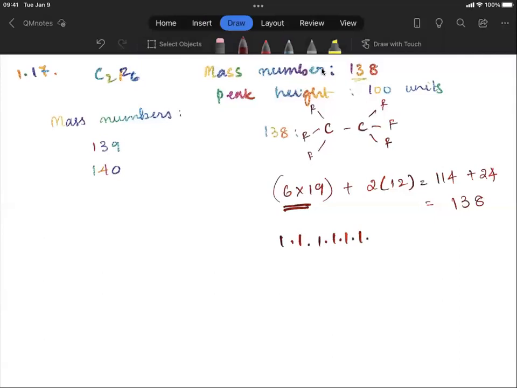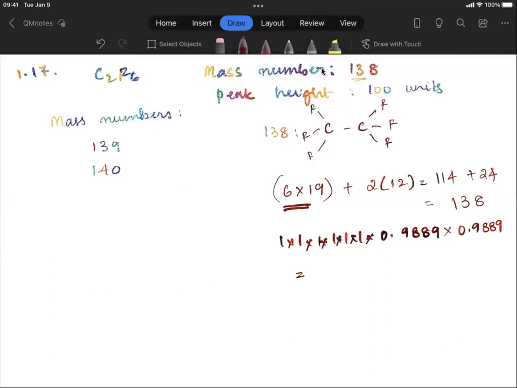Now the probability of a carbon atom having a mass of 12 is going to be, I'm gonna put a cross symbol so that it's not confused with the decimal points, 0.9889, because 12C abundance is 98.89%. And again, the probability of having another 12C is 0.9889.